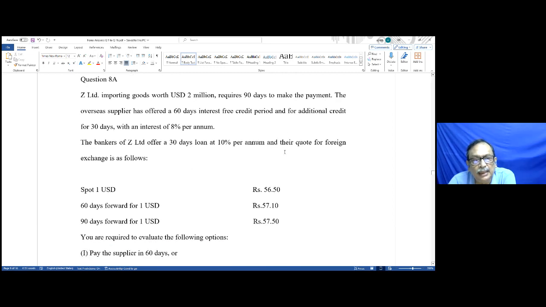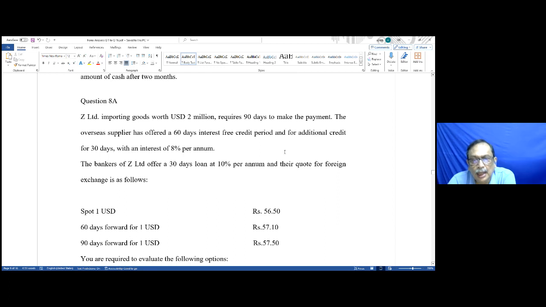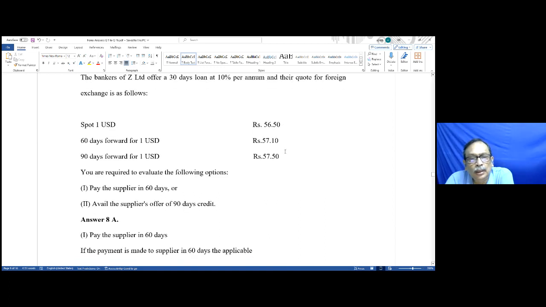The bankers of Jet Limited offered a 30 days loan at 10% per annum, and their quote for foreign exchange is as follows. Spot 1 USD rupees 56.50, 60 days forward for 1 USD, that is 57.10, 90 days forward for 1 USD, rupees 57.50.